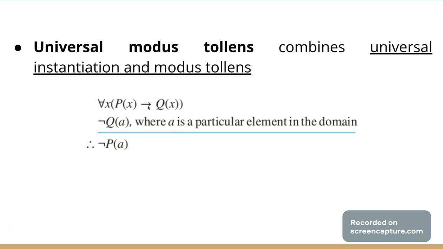If both these statements are true, then it implies not Pa. And this rule of inference is called universal modus tollens. It's a combination of universal instantiation and modus tollens.